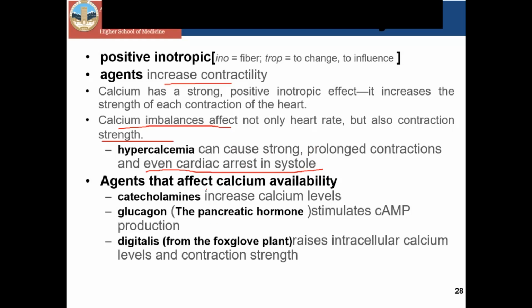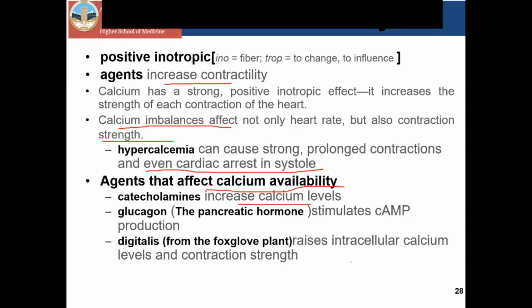Agents that affect calcium availability are catecholamines, which increase calcium levels, and glucagon, which stimulates cAMP production. We remember this: cAMP production activates calcium channels, calcium channels open, and calcium level increases inside the cell.